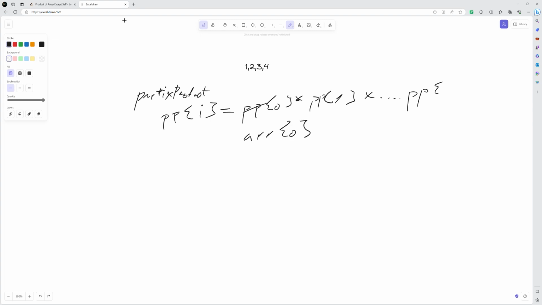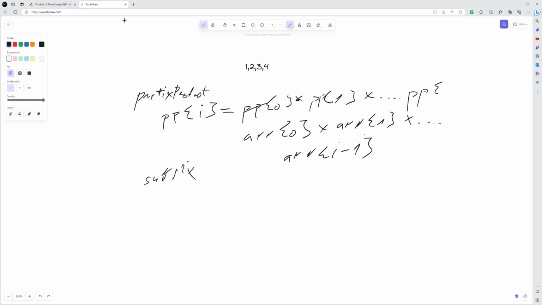So it will be the first element of the array times the second element of the array times all the way up to the element just before the element we are calculating the prefix product of, and that's basically it. That's the prefix product. The suffix product is just the other way around.